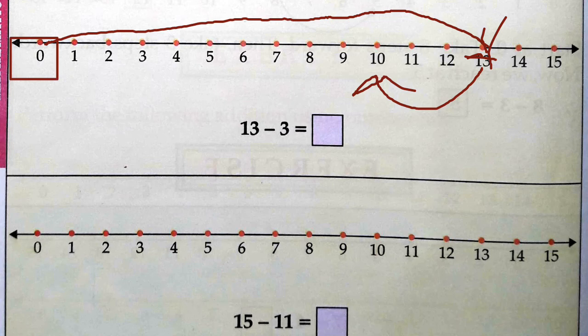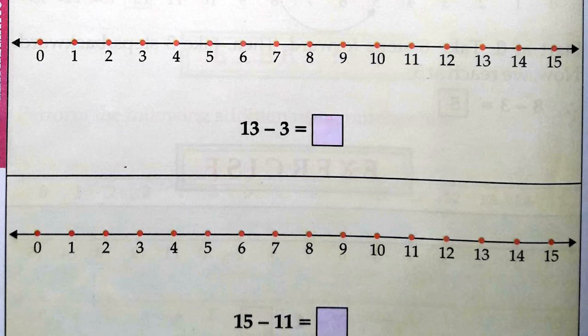That means we will reach at 10. So the answer is 10. 13 minus 3 equal to 10.